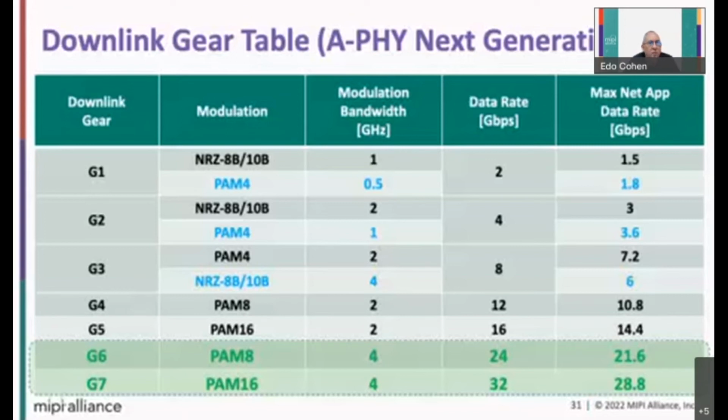So if A-PHY 1.1 and 1.0 were aiming for 2 gigahertz modulation bandwidth, the next generation will be capped at 4 gigahertz, in comparison to other technologies. This is maintaining a very low frequency and keeping the system end-to-end.